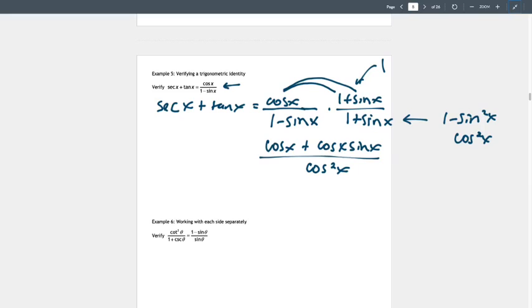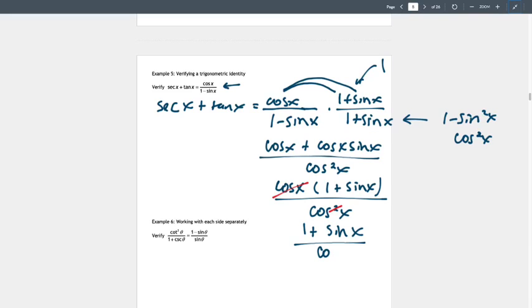And so then, I guess I should have kept that cosine factored out. So that's cosine x times 1 plus sine x all over cosine squared x. So now we can cancel here. That cosine x goes into one of those. And so now I'm left with 1 plus sine x over cosine x.